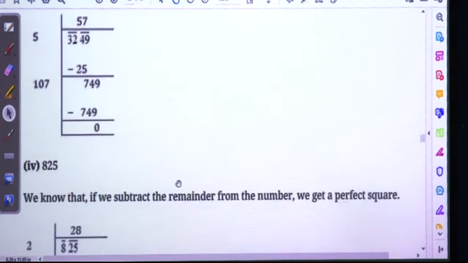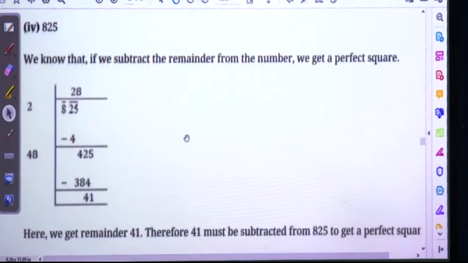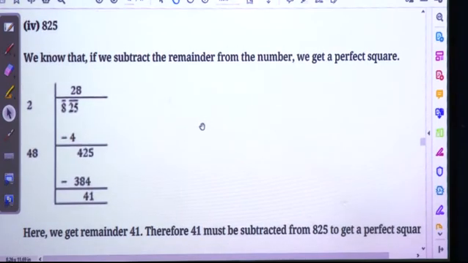Proceeding further, the next sum is 825. After calculating by the division method to find the square root, the remainder is 41. The nearby square is 2 square, 4, because 3 square goes above.